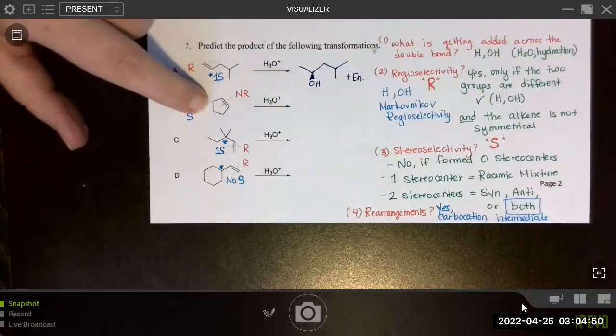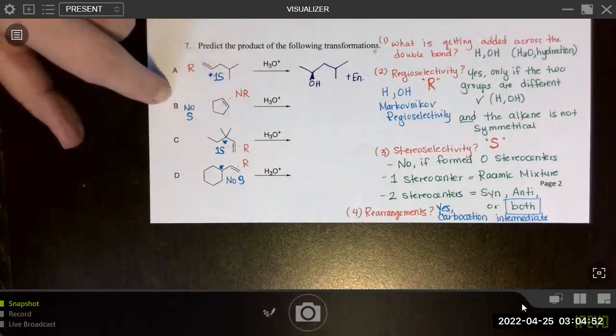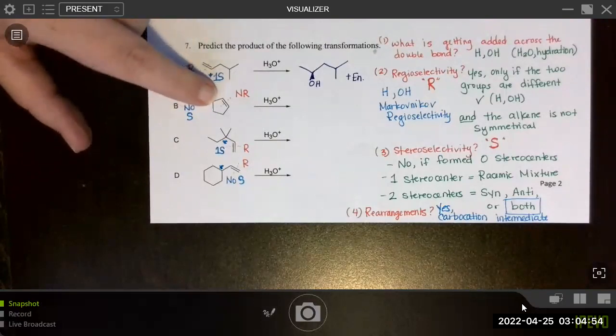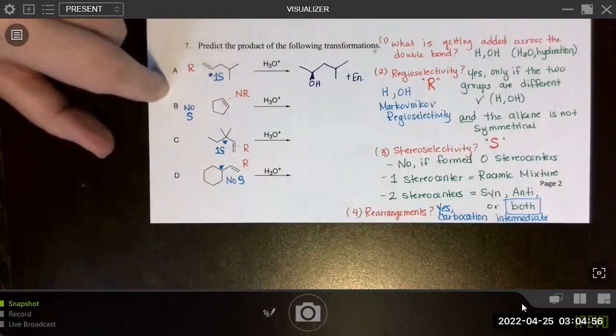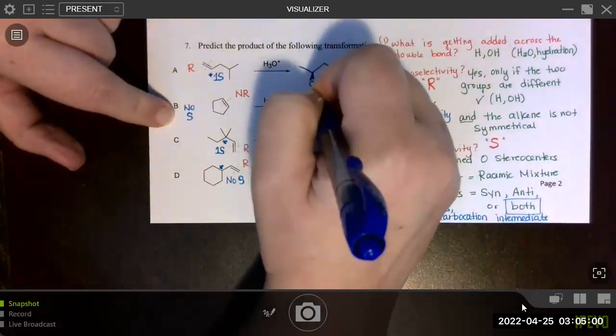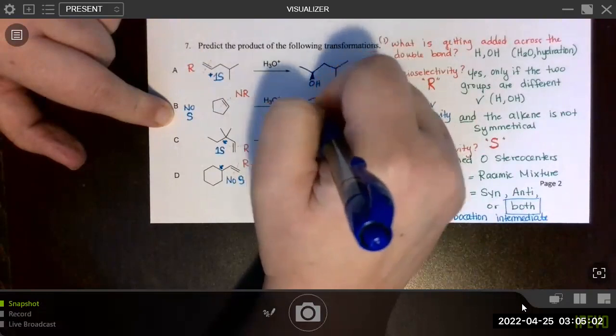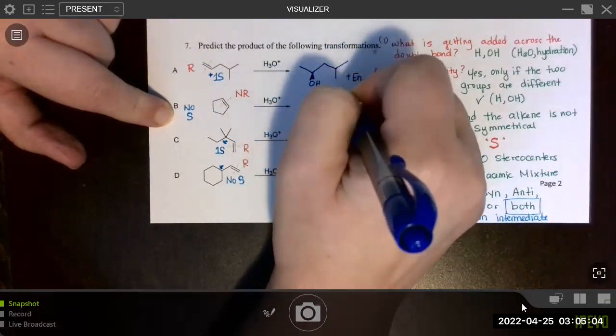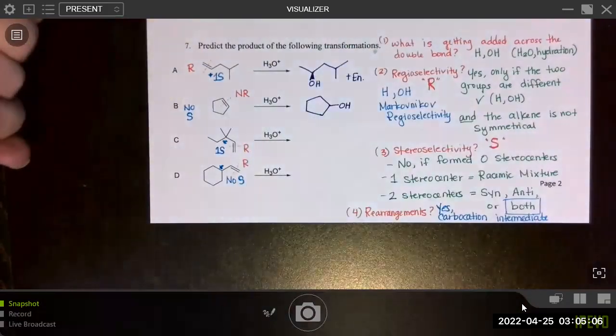Remember this one, we don't need to consider regioselectivity because it's symmetrical, and we are not forming a stereocenter, so we don't have to consider stereoselectivity either. This one is just a simple alcohol.